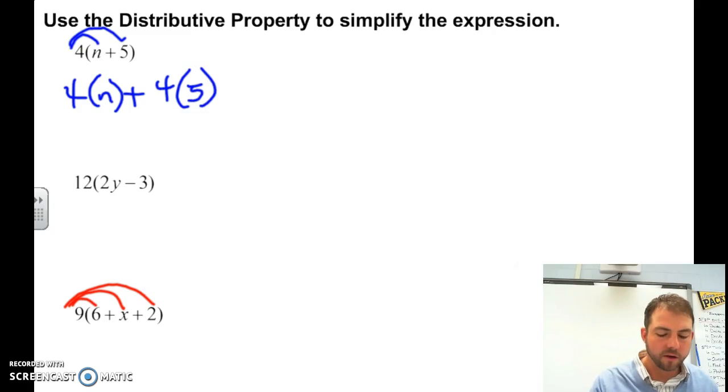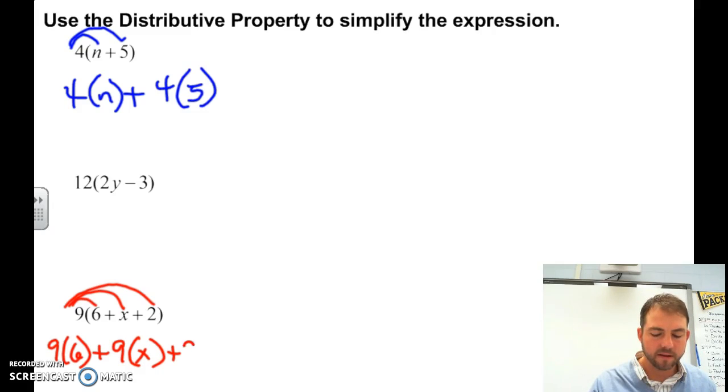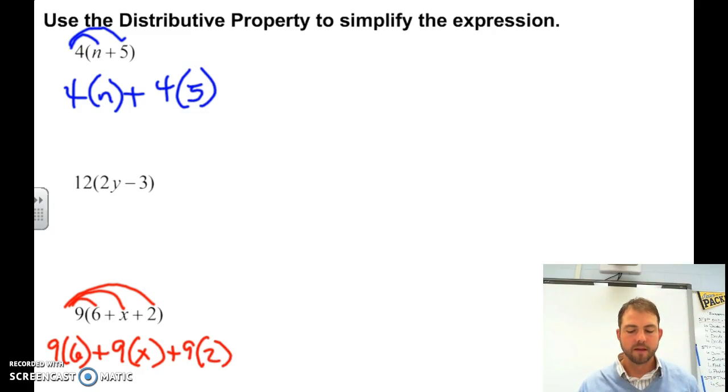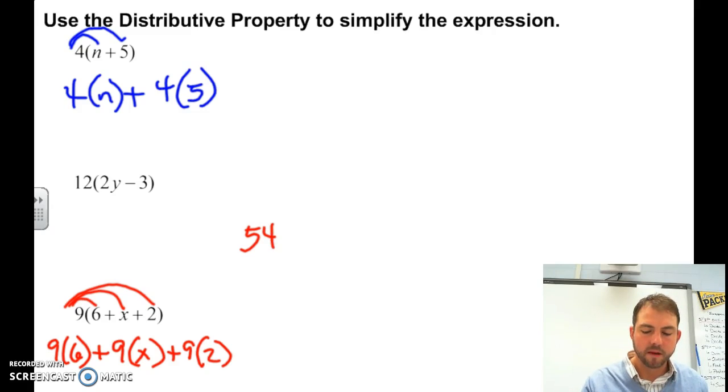Okay, so 9 times 6 plus 9 times x plus 9 times 2. I'm going to move up here for some more space. So 9 times 6 is 54, plus 9 times x is simply 9x, plus 18.